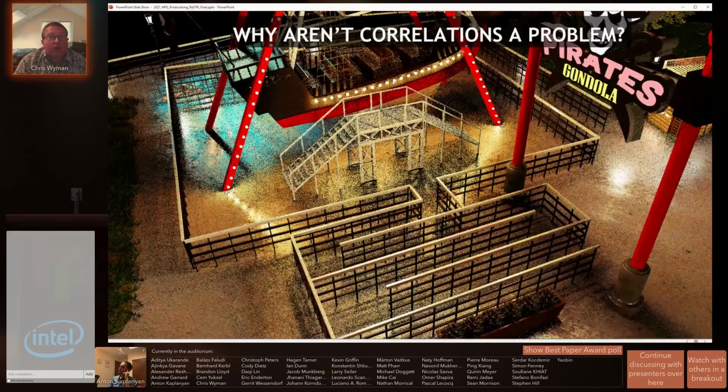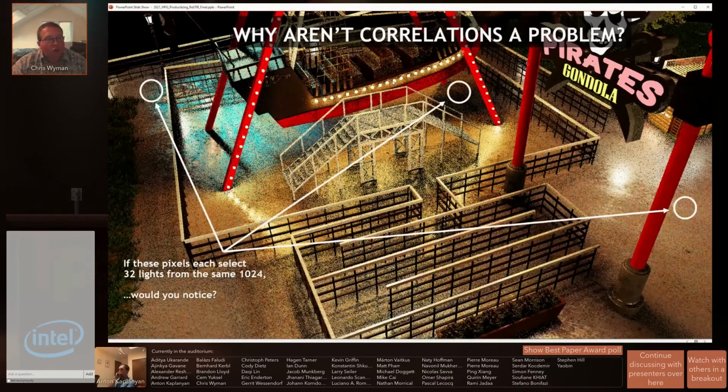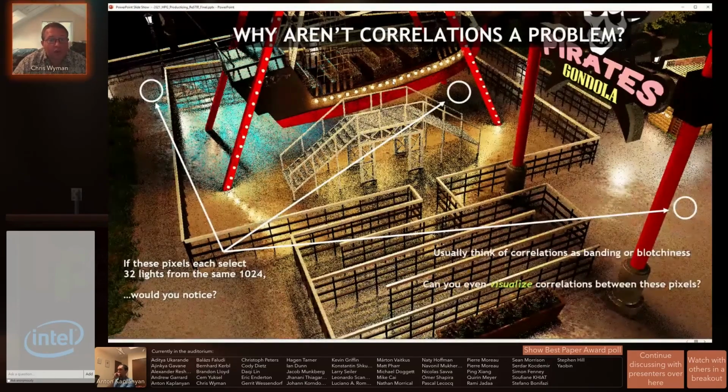So you might ask, why aren't the correlations a problem? If you come back to this amusement park scene and think about what happens if we select lights in these regions from the same block of 1,024 lights, the question is, would you notice? Usually we think of correlations as banding or blotchiness, which is a local effect.